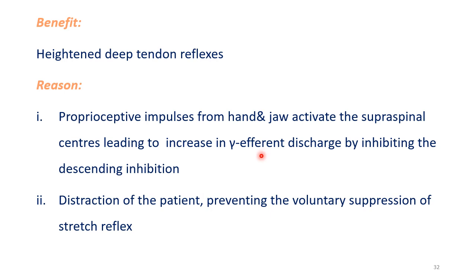The gamma efferent discharge will be slightly freed from the inhibition, and this leads to better response. So there is inhibiting of the descending inhibition. Who inhibits the descending inhibition? These supraspinal neurons, which you stimulated by interlocking your hands and clenching the jaw.